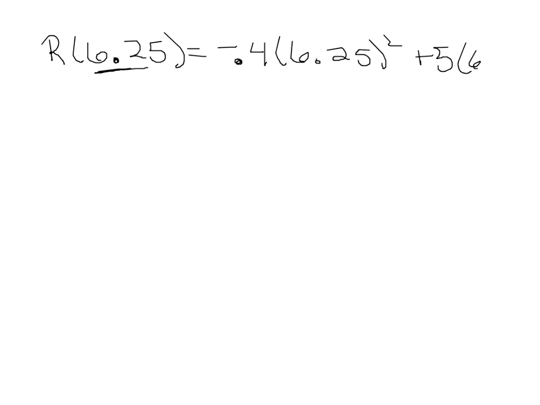The next thing we need to know is, what is the maximum revenue going to be? So we take our h and we plug it into our function. And what that's going to do is tell us what our maximum revenue is. So minus 0.4 times 6.25 squared plus 5 times 6.25.